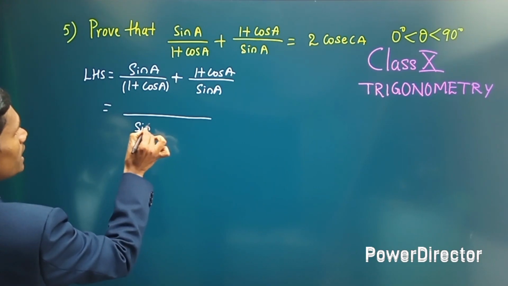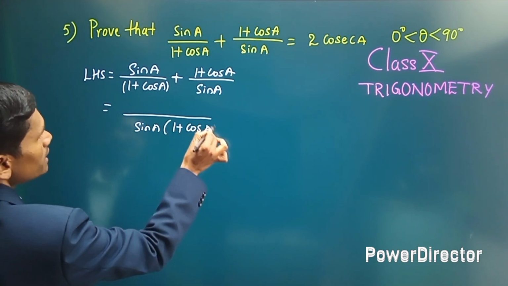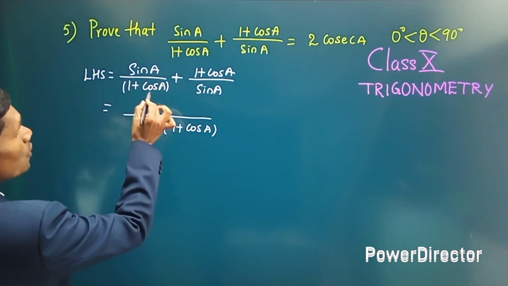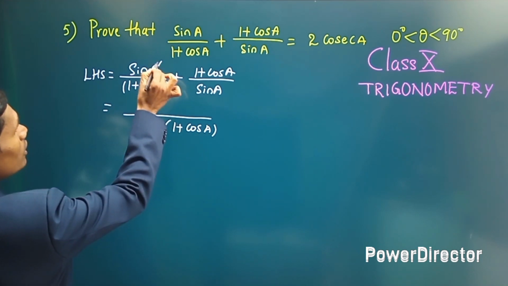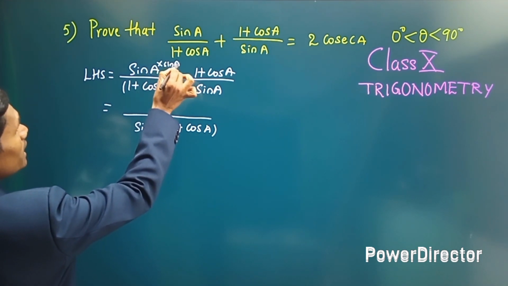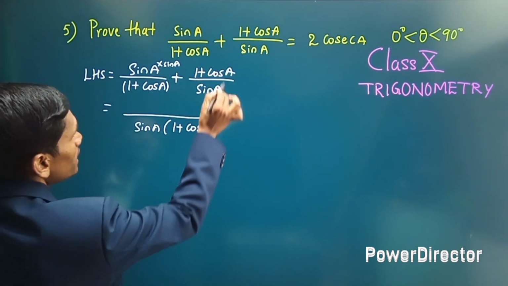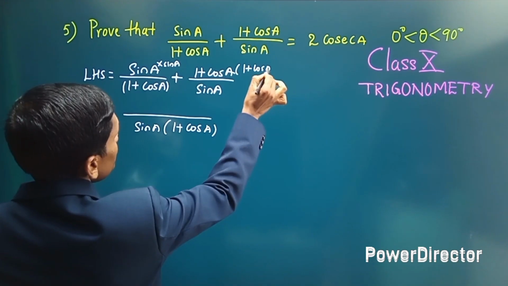So sin A into (1 plus cos A) you are taking, right. Next, what you need to do is here (1 plus cos A) into what is equal to this total factor? Into sin A, right. Sin A into (1 plus cos A), right. This you need to multiply.